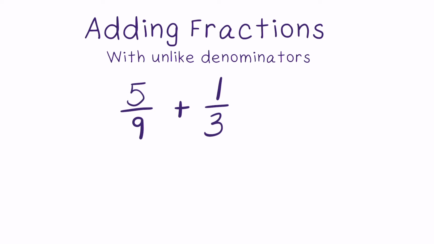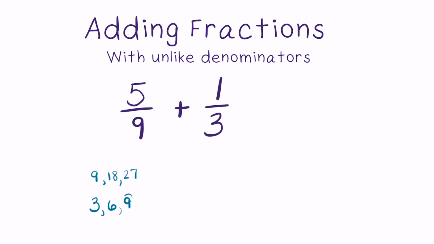There are a few ways to do this. One way is to start by listing each denominator, and then writing out the multiples until you find a common multiple. For example, I might write 9, 18, 27, and then I might start with my 3s, 3, 6, 9. Now in this case, 3 is a factor of 9 itself.